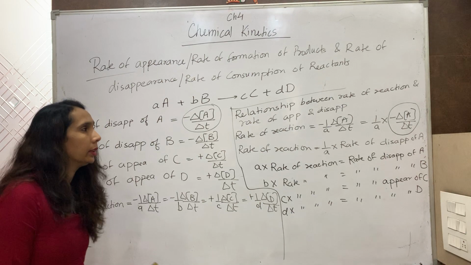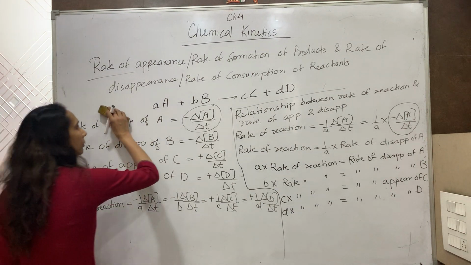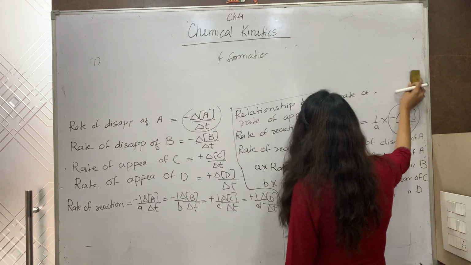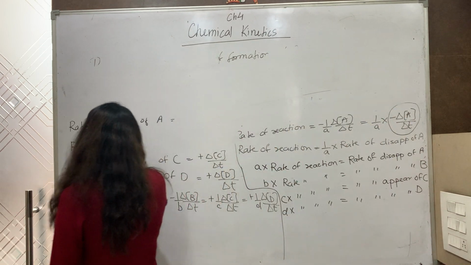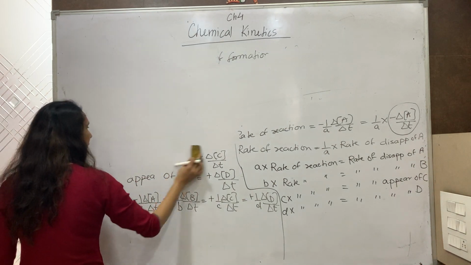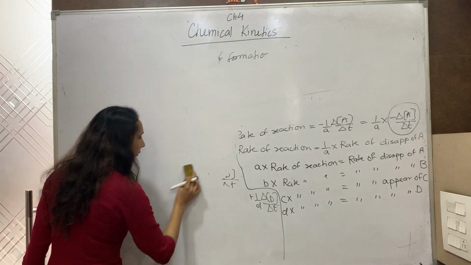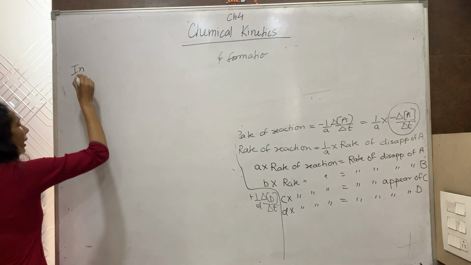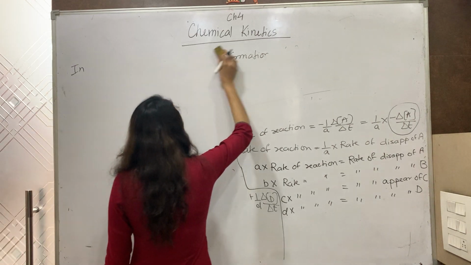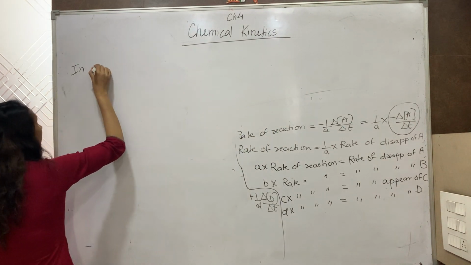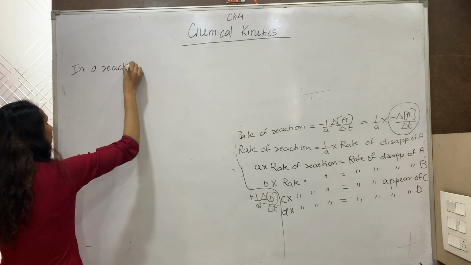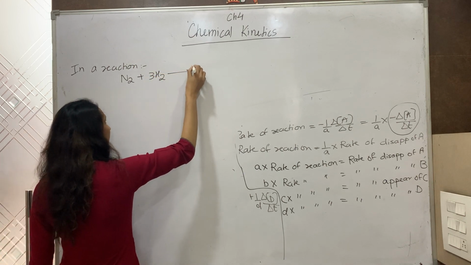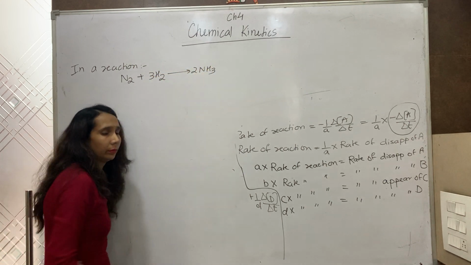Let us do a question based on it, so that we use the relationship between rate of reaction, rate of appearance and disappearance. So let us write the question. In a reaction, N2 plus 3H2 gives 2NH3.